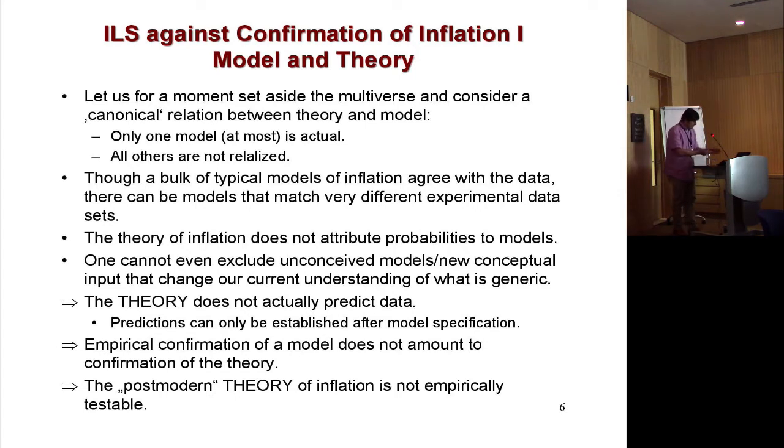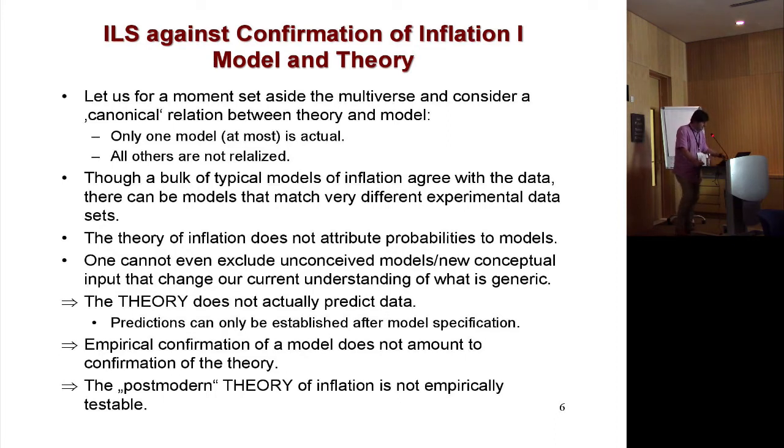So in this first case, if we just set aside the multiverse and consider a canonical relation between theory and model, this means that only one model, at most, would be actual, and all the others are not realized.